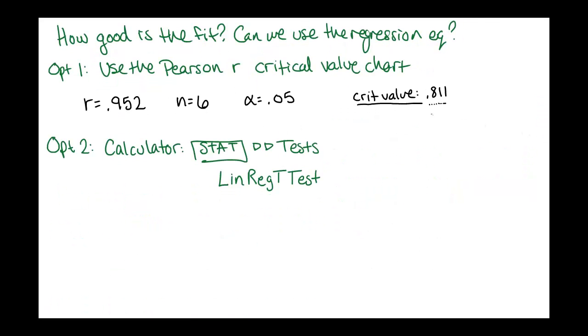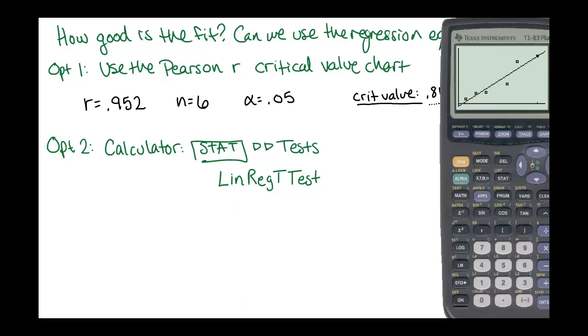The other option here, if we're not going to use the critical value chart, is that we can also do essentially another hypothesis test using the calculator. If you already have your data entered in, and right now I have the data entered in for the diamond question, we can go into the stat tests option and go all the way down towards the end of the list.